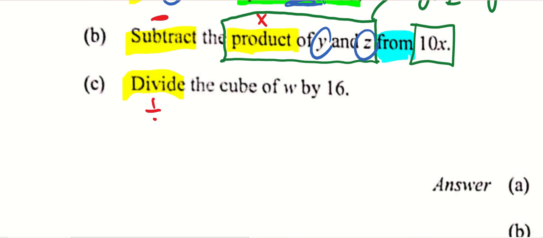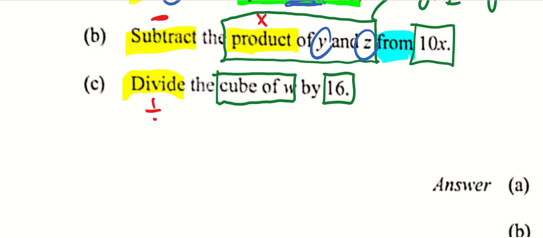I'm going to box up the first item, the cube of w, and divide it by the number 16. What is cube? Cube is power 3. If it's a square, it is power 2. So this cube of w is simply w to the power of 3, and I'm just going to divide w to the power of 3 by 16.